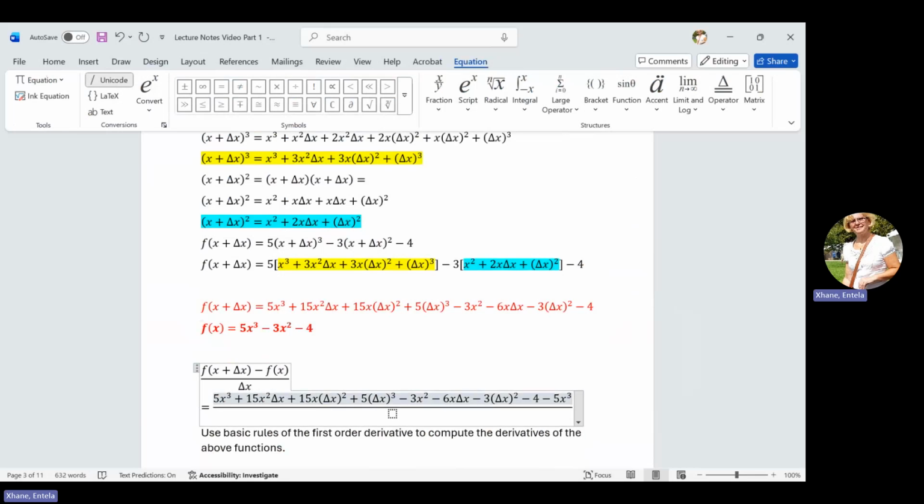The next one, minus 3x squared, is going to become a plus 3x to the second. And then the last one, minus 4, is going to become a plus 4. And then, of course, the denominator is delta x. Okay, let's continue.